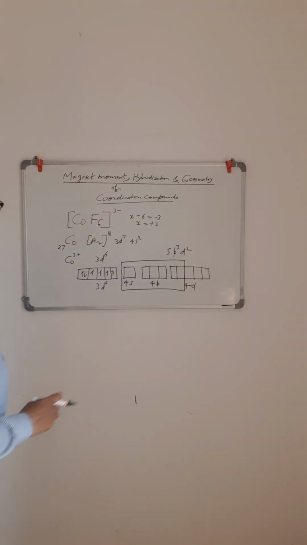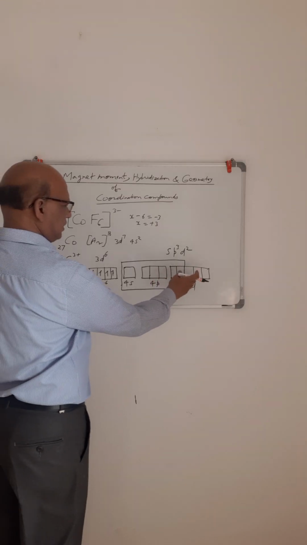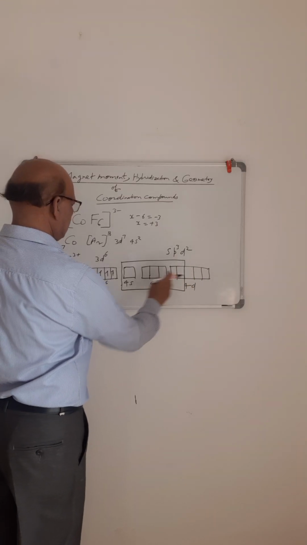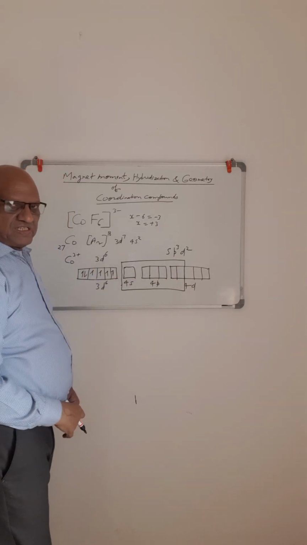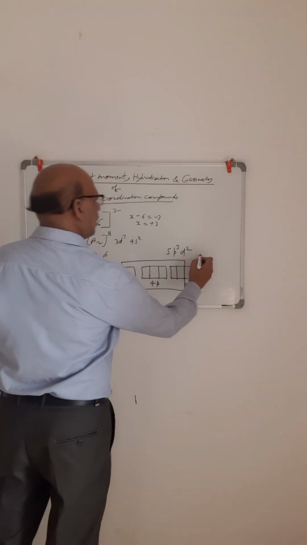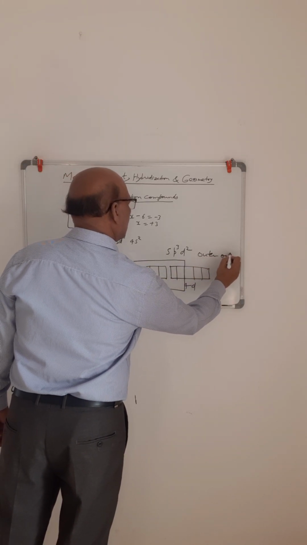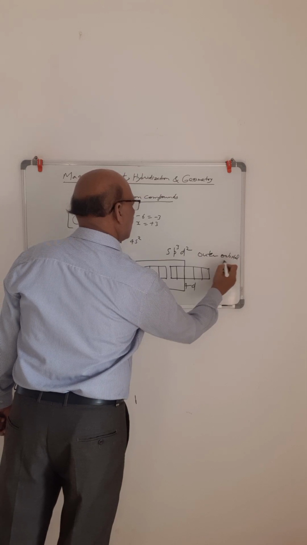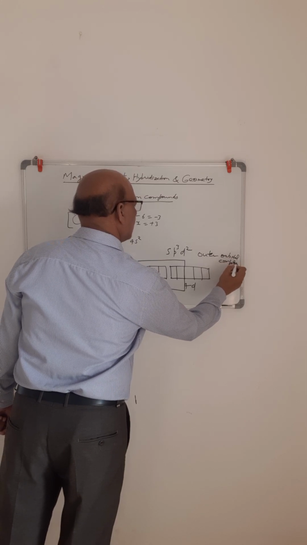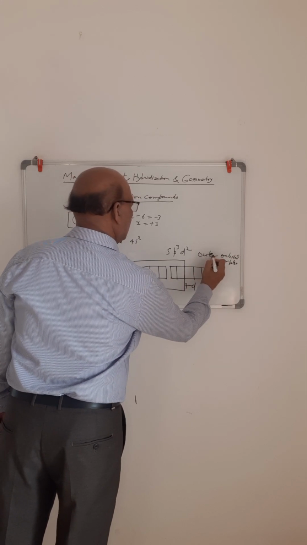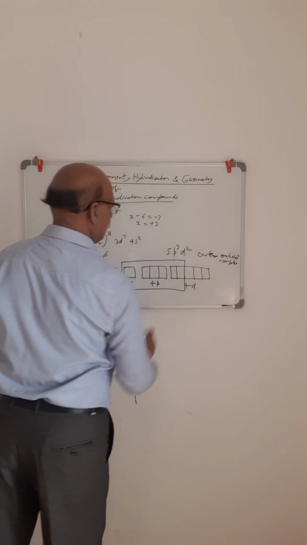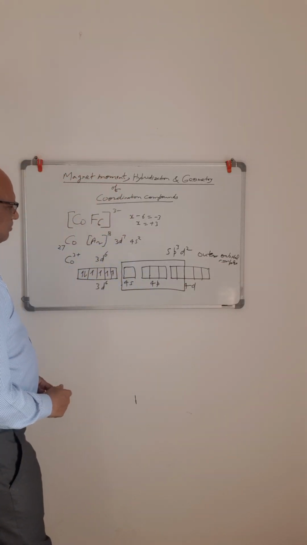Okay, and because we have used the outer orbital of 4d instead of the 3d for hybridization, this is called the outer orbital complex. Okay, because we have utilized the outer, that is the 4d orbital for hybridization.